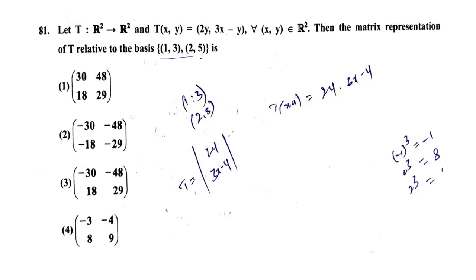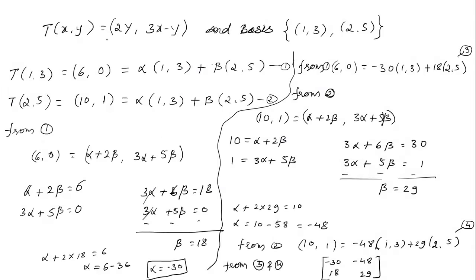see, if we put basis 1, 3, we get 6, 0, and for 2, 5, we get 10, 0. If we write as a linear combination using these, we get 6, 0 is equal to alpha plus 2 beta, 3 alpha plus 5 beta. If we solve this, we get beta is equal to 18, alpha is equal to minus 30.